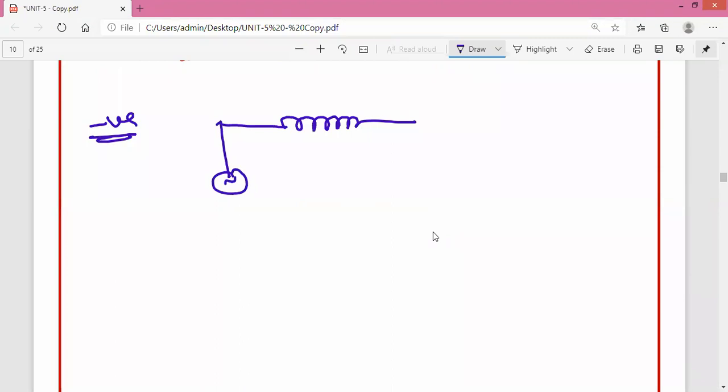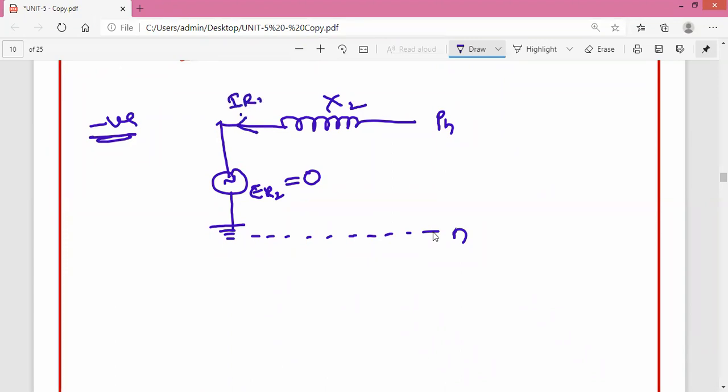So the negative sequence components can be written like this. This is the negative sequence component impedance, and this is also with respect to neutral. Follow the same principle, phase versus neutral, and this is ER2, which is taken as 0, and this is the negative sequence component reactance, and here it is IR2.